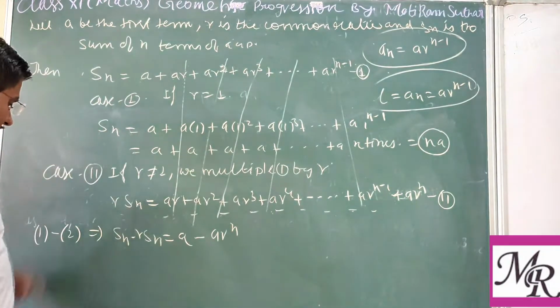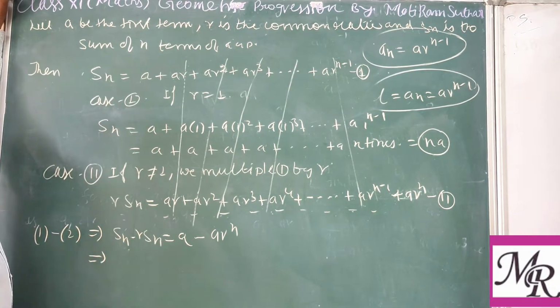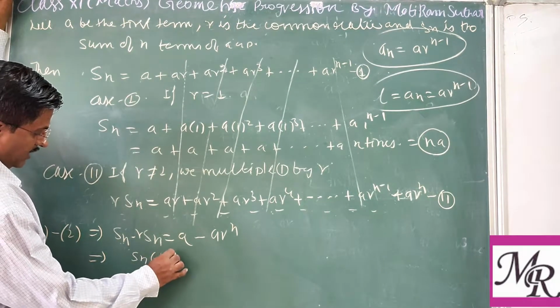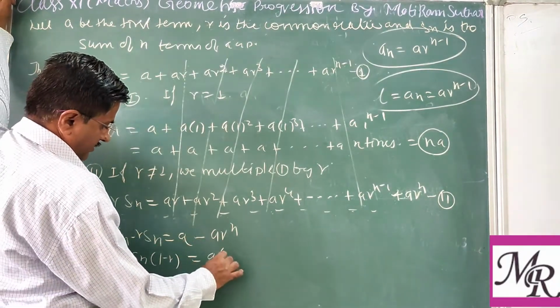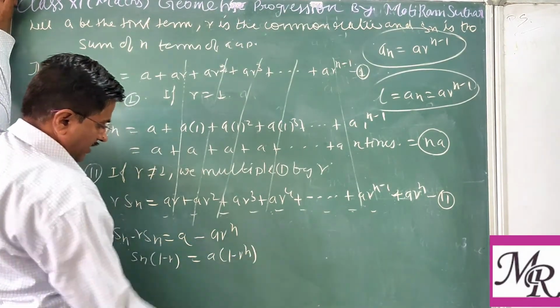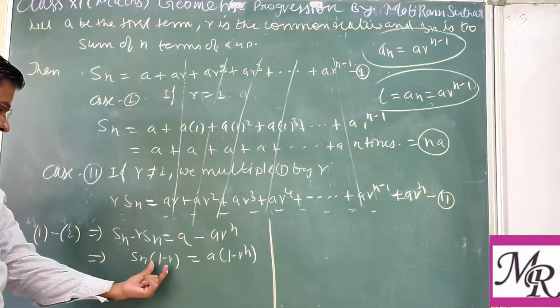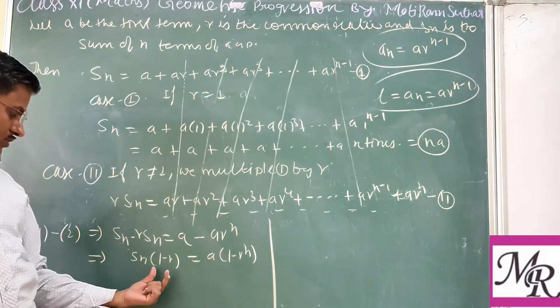Now we simplify. Here on the left hand side we take Sn as common. So if you take Sn common, then 1 minus R. On the right hand side we take A common, so 1 minus R power n. Now this 1 minus R we can transfer to the other side. So what we get?